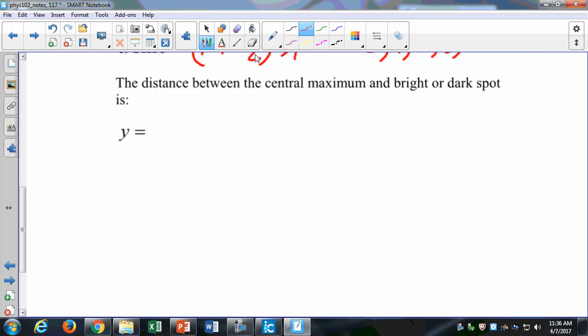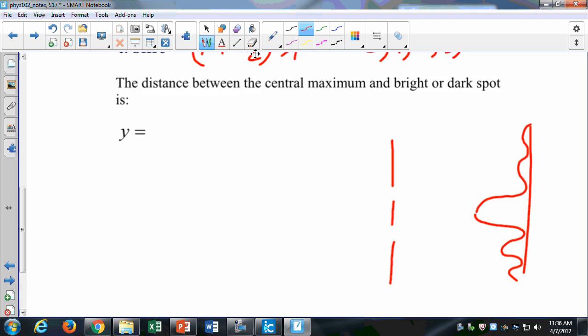One more thing, and then I'll let y'all go. So if I have my screen, it has my interference pattern on it. Here's my double slit over here. Let's say that I'm going to my second order bright spot. This is m equal 2. And I want to know what is the distance between here and here.